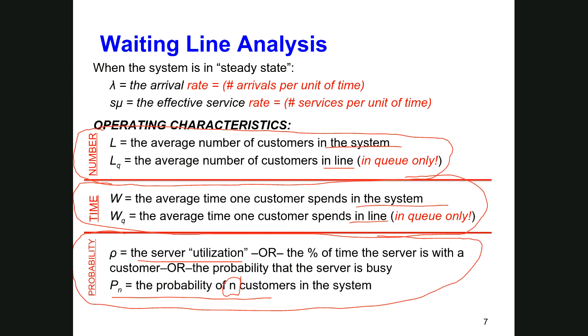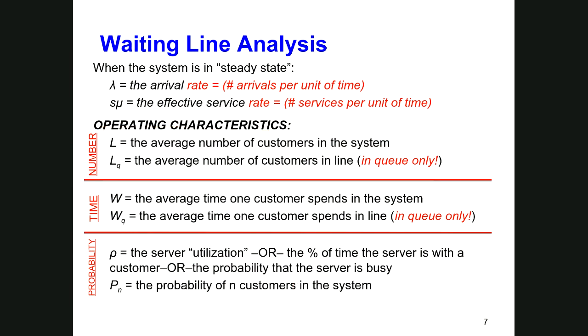Now notice again, this is in the system, not in the line, which gets a little bit more complicated when we have multiple servers. If you remember the last case with the airport, we had only one server.